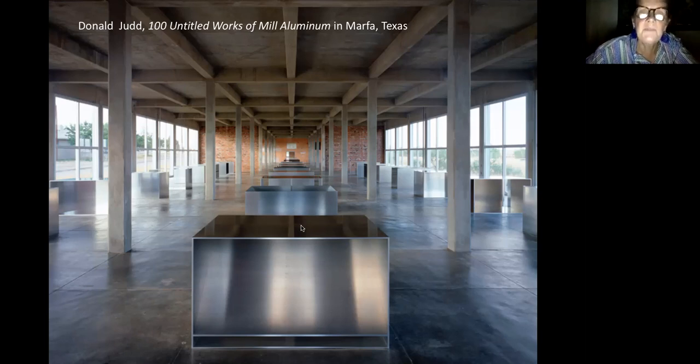And then if you look up here, there's another reflective aluminum surface, and what that's reflecting is the ceiling above it. There are windows on both sides of this hangar, and the big rectangles in front of them are reflecting the outside.